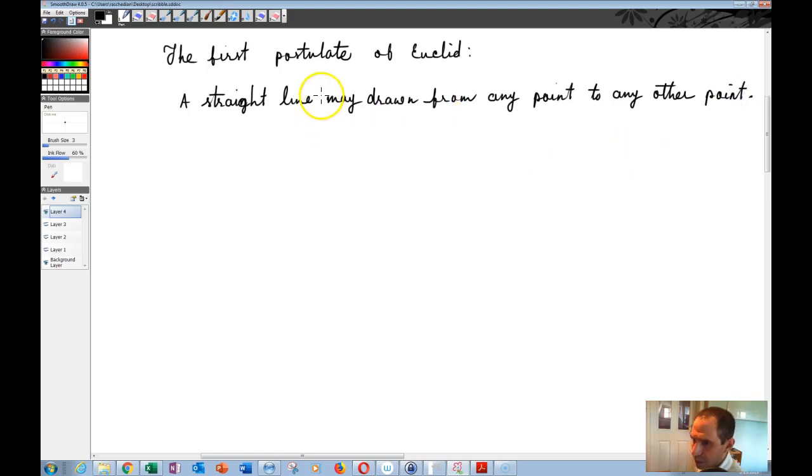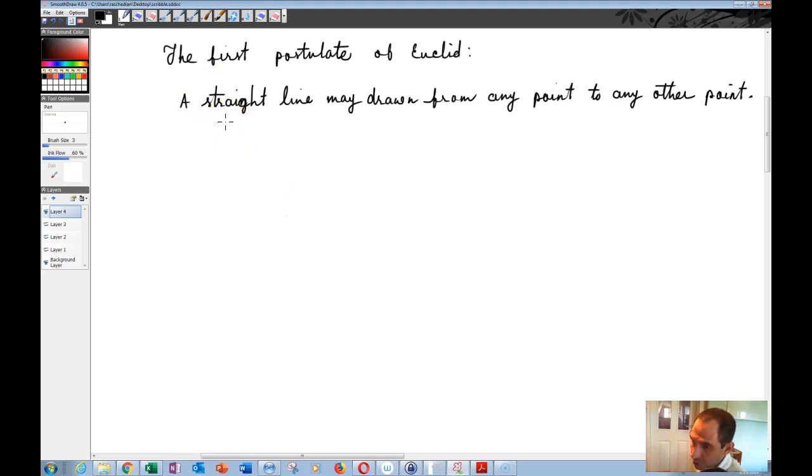What that means is that for any 2 points that you consider in a 2D plane, there is at least one straight line that goes through those 2 points. Of course, it gets a little bit technical, and you need to be careful about the meaning of these statements.